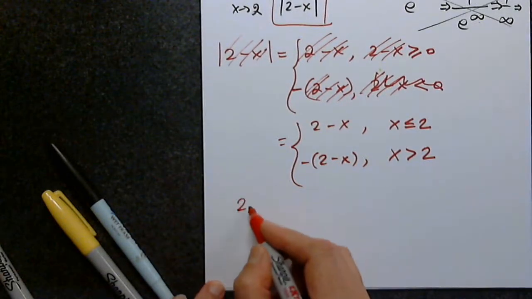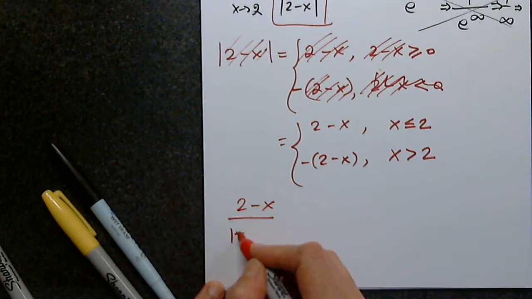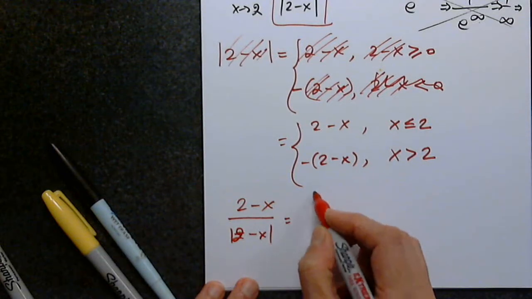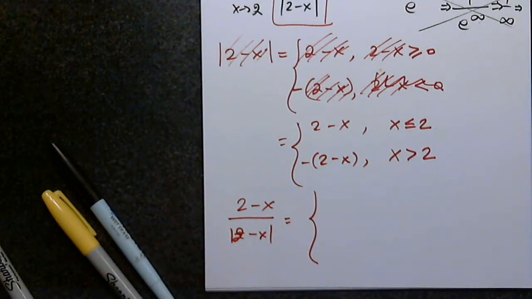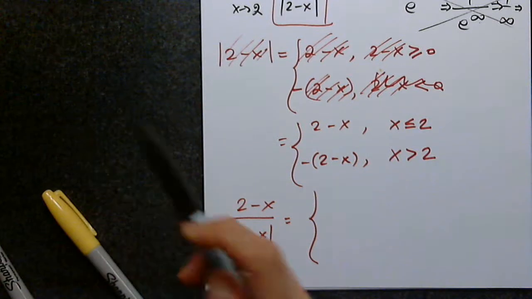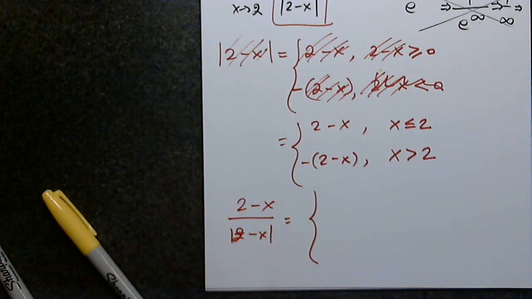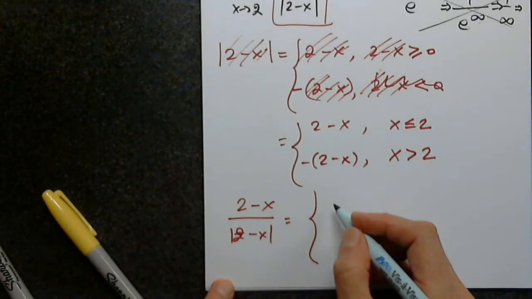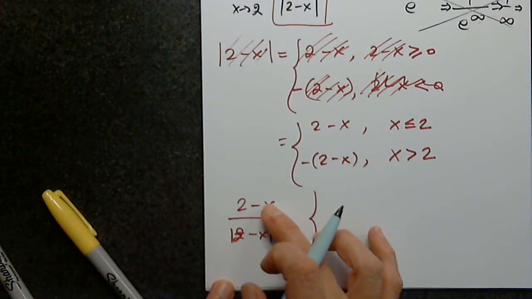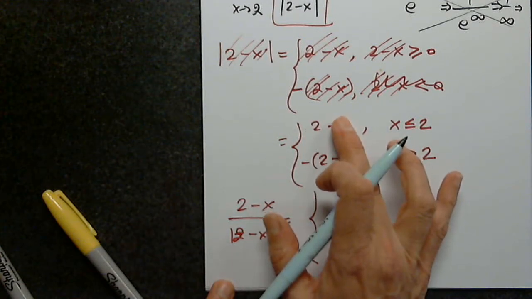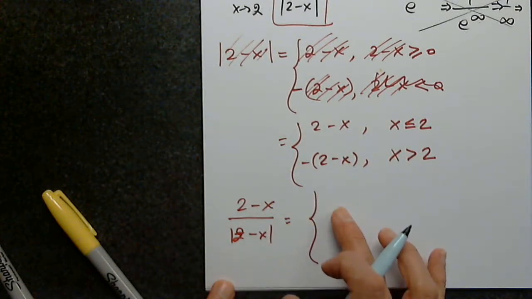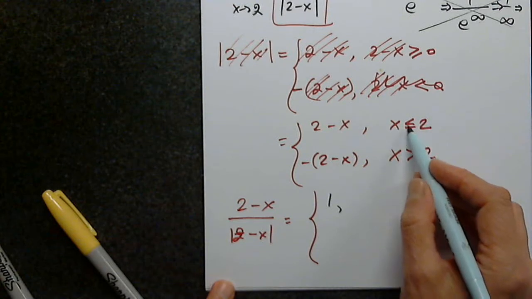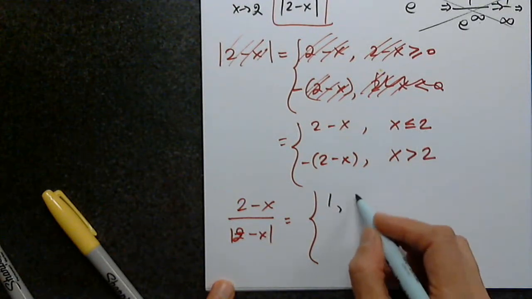Let's write it. 2 minus x over the absolute value of 2 minus x has two options. What is the first option? 2 minus x over 2 minus x is 1. I no longer can put the equal symbol here.